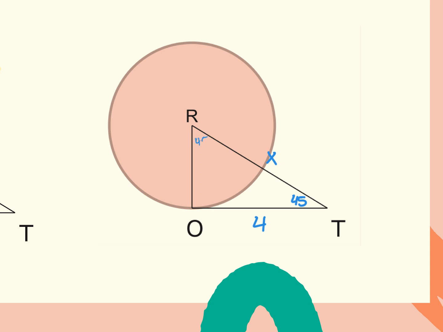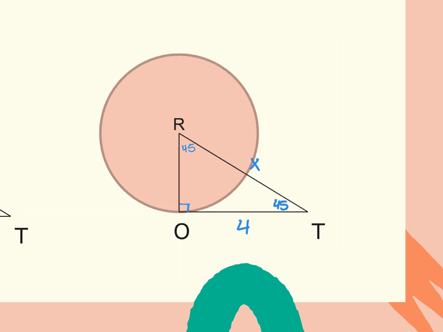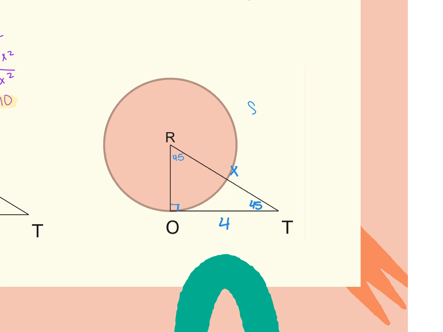It's a special right triangle. So I'm going to go ahead and write that. I have a 45, 45, 90. Yes, I know it doesn't look like it's drawn as a 45, 45, 90, but that doesn't mean it has to be drawn to scale.